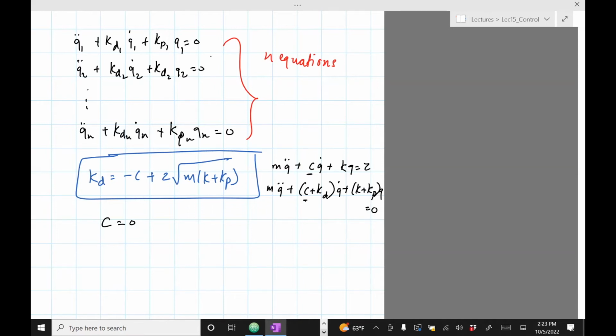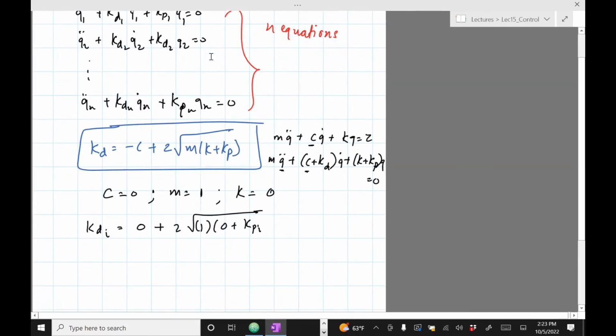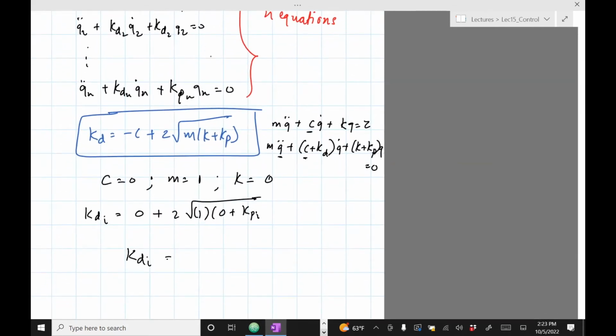This system doesn't have damping, but then we did introduce it through KD. We also have M, which sits in front of Q double dot, is 1, and then K, which sits in front of Q without the controller, is 0. So we have KDi equals 0 plus 2 square root of M, which is 1, times K, which is 0, plus KPi. So KDi is 2 square root KPi.